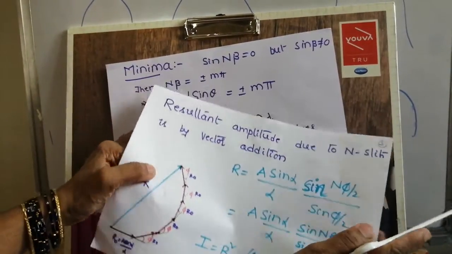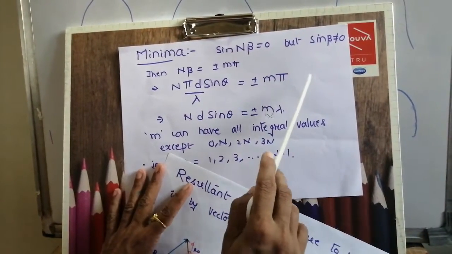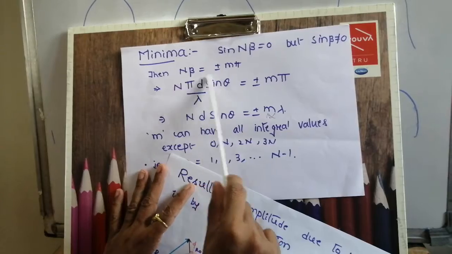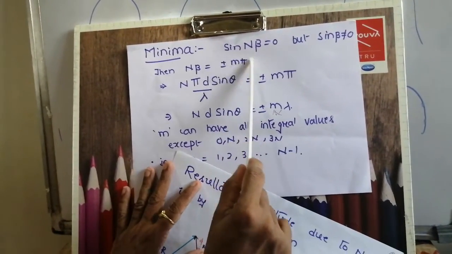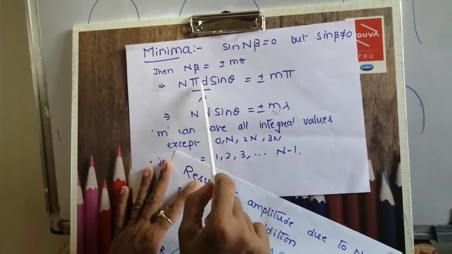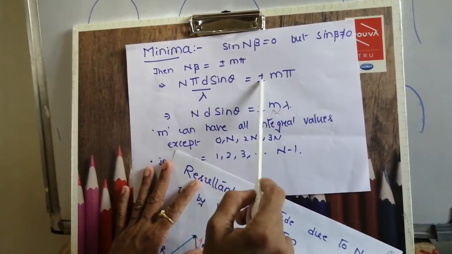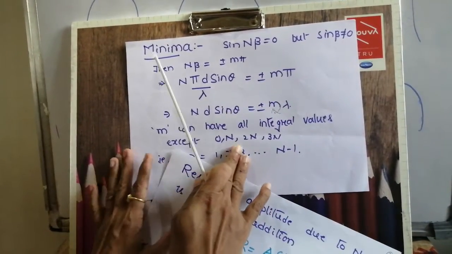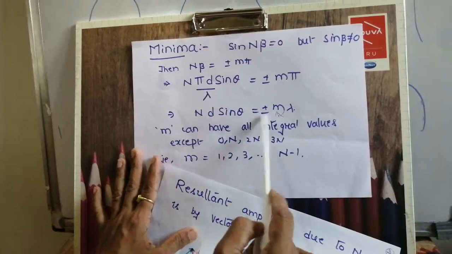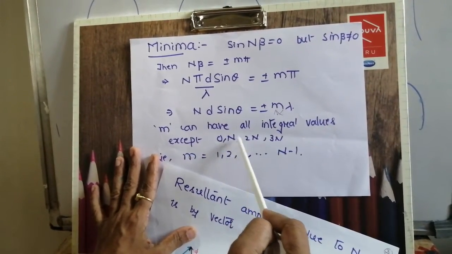So to get minima, sin n beta equal to 0 but sin beta not equal to 0. Then n beta should be equal to plus or minus m pi. But beta equal to pi d sin theta by lambda, where d is a plus b. So d sin theta equal to plus or minus m lambda divided by n. m can have all integral values except 0, n, 2n, 3n.